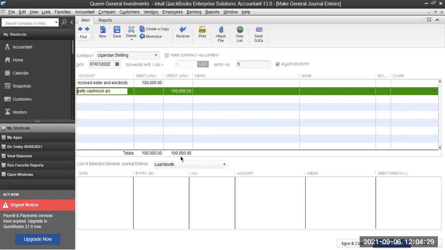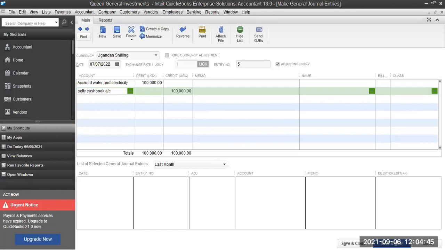Accrued water and electricity. I do not understand how we got that. Accrued water and electricity, when we are capturing our accounts, we captured this. It was the last account that we entered. It was accrued water and electricity.